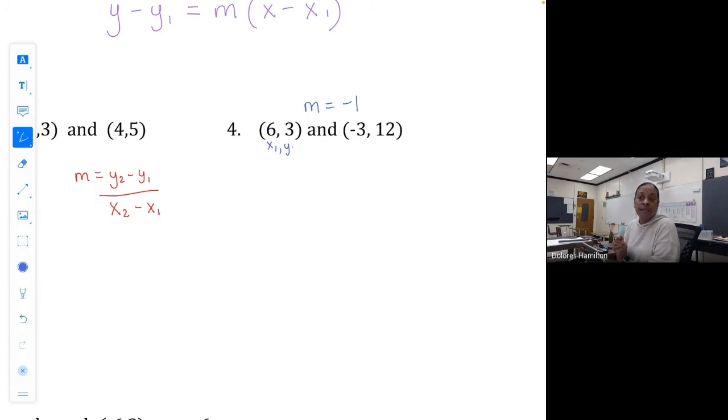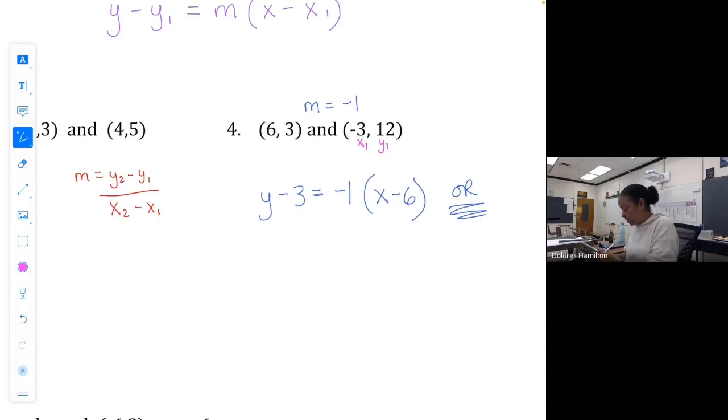If I chose 6, 3 as the point to use, we would have y minus our y1 is 3 equals our m, which is -1, times x minus x1, and our x1 is 6. Or if we chose -3, 12 as our x1, y1, we would then have y minus 12 equals -1 times x minus -3, which we write as x plus 3.